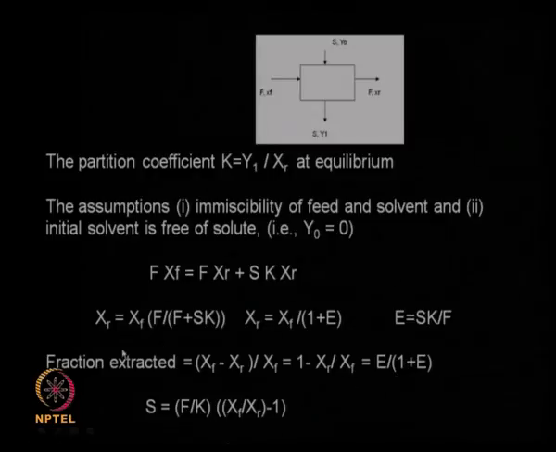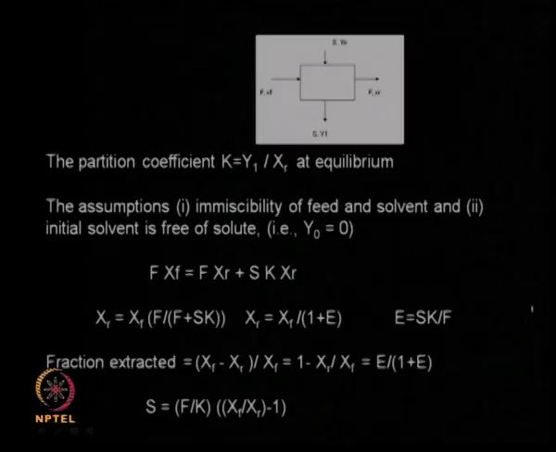So, this is a very important equation, because when I have a liquid extraction, I would like to know, given a particular value of K, a particular value of the solvent flow rate, and a particular value of the feed flow rate or heavy flow rate, how much fraction can be extracted in the stage.